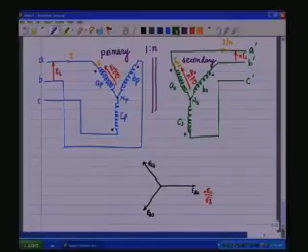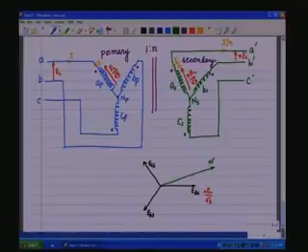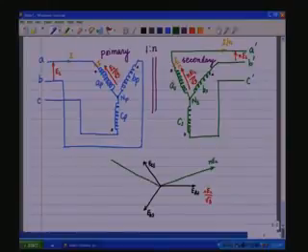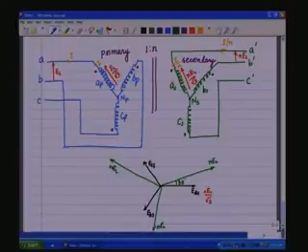Then the terminal line voltages are going to lead by 30 degrees, and this is N EL. This is also going to be N EL, and this N EL, leading by 30 degrees, the star.